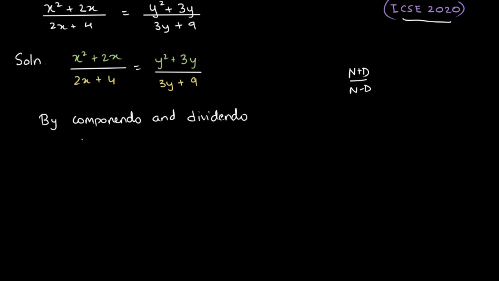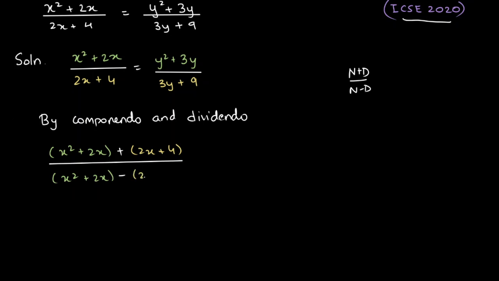My left hand side, remember the format is n plus d upon n minus d. So what I have is x squared plus 2x plus my denominator, which is 2x plus 4, entire thing divided by my numerator, which is x squared plus 2x minus my denominator, which is 2x plus 4, right?